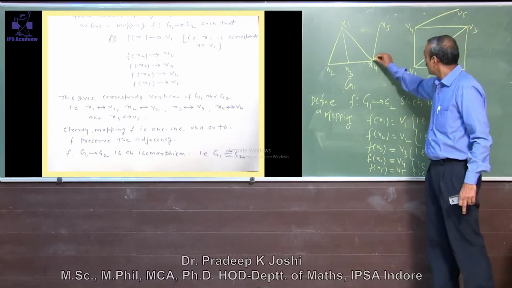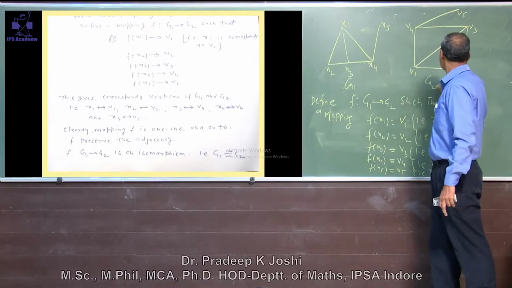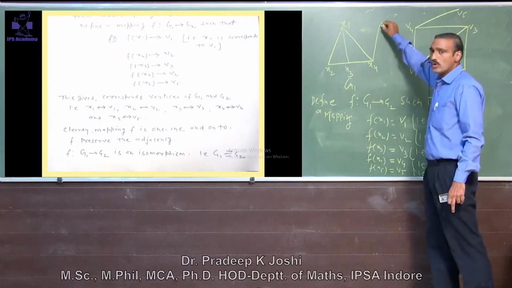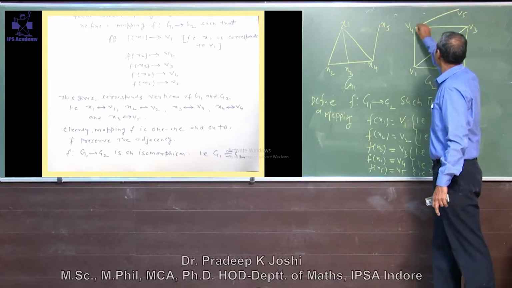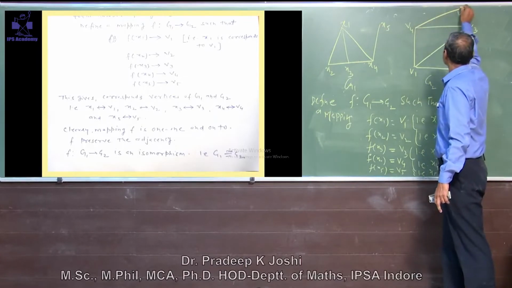Why? Because the degree of x4 is 3, the degree of v4 is also 3, and x4 is adjacent to the pendant vertex x5. Likewise v4 has degree 3 and is adjacent to the pendant vertex v5.